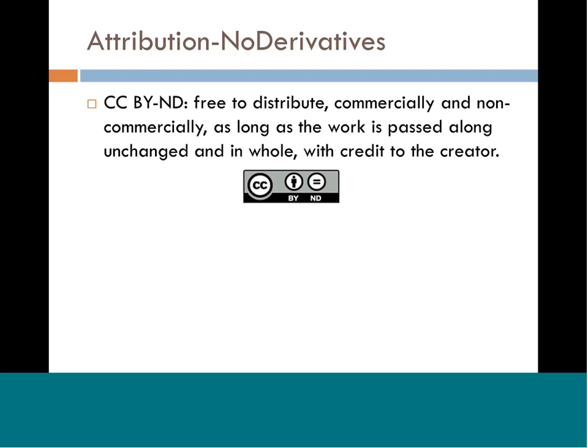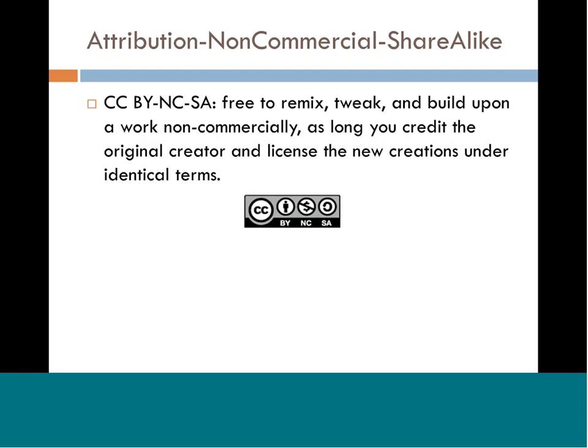Content licensed in this way allows you to distribute it commercially and non-commercially, as long as the work is passed along unchanged and in whole with credit to the original creator. So with this license type, you would not be able to copy it and tweak it and change it to better fit your needs. You would have to copy it verbatim and put it into your course, as long as you're giving credit to the original creator.